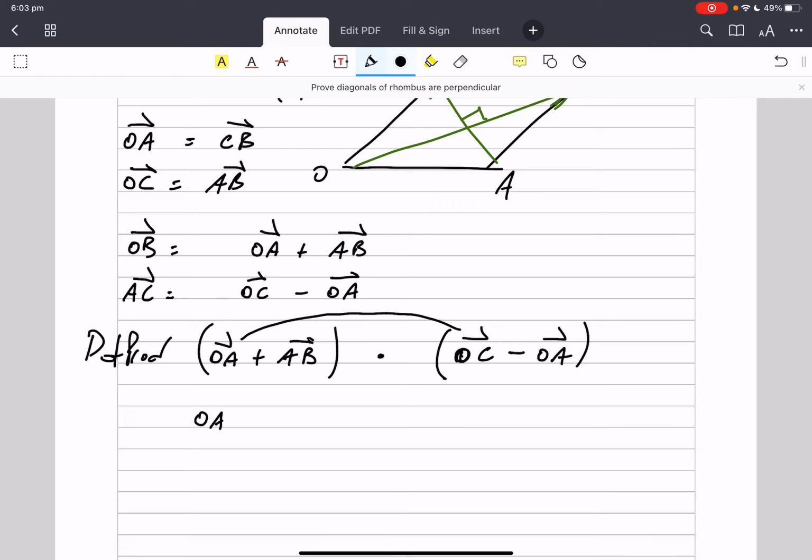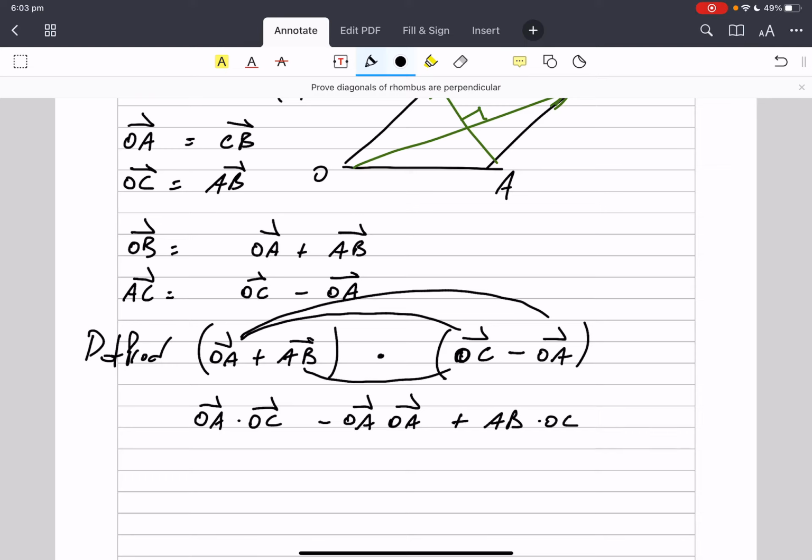So OA dot OC is the first term, minus, plus, minus. There's our dot product.